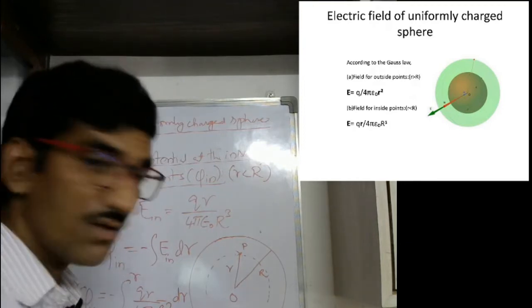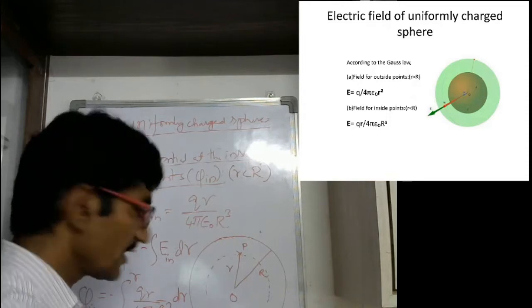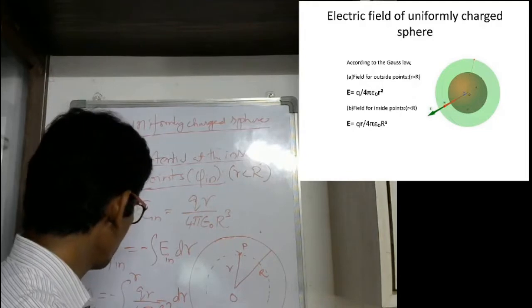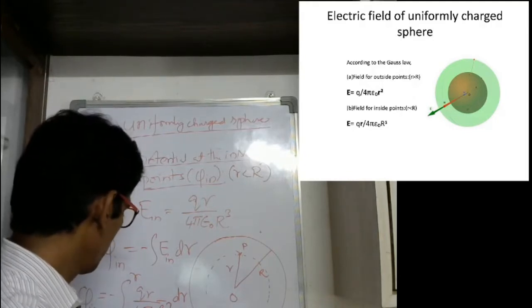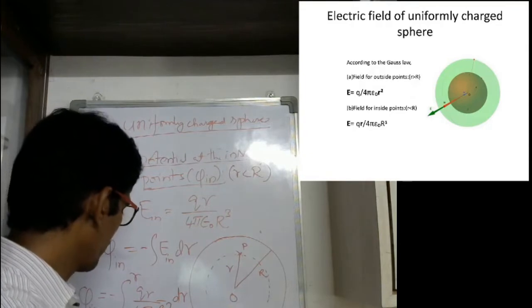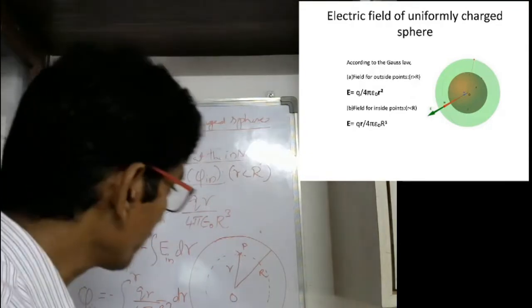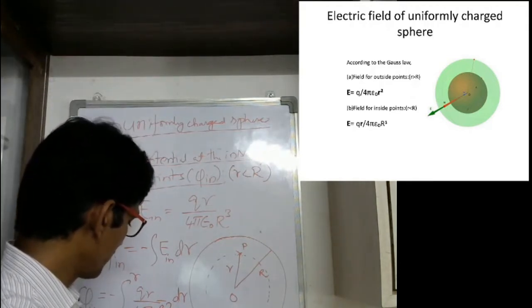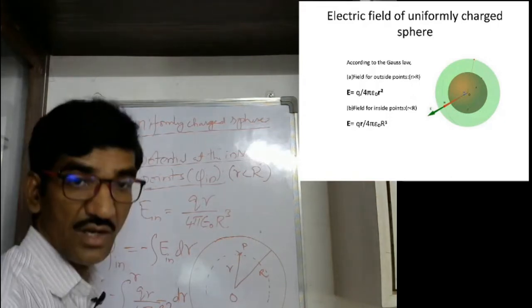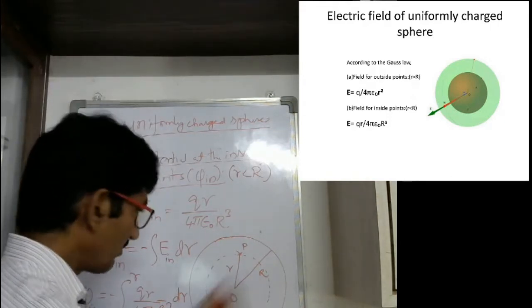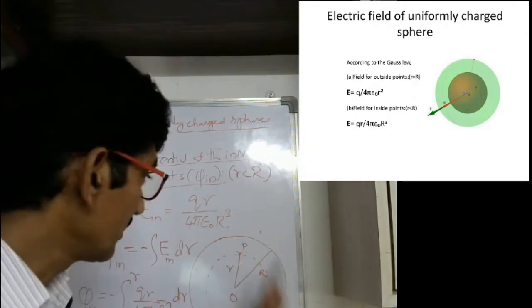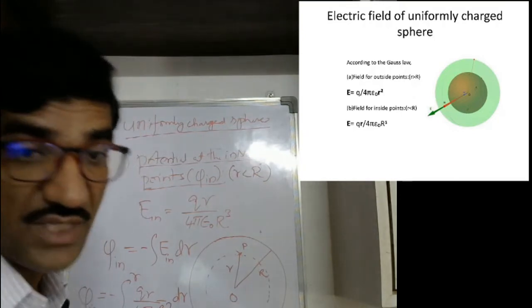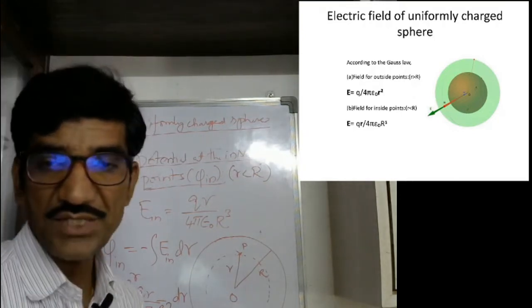But another term we have to include here is minus integral from infinity to R. This refers up to the surface of the sphere. So outside, how much field is there? For outside points, you have to write E out.